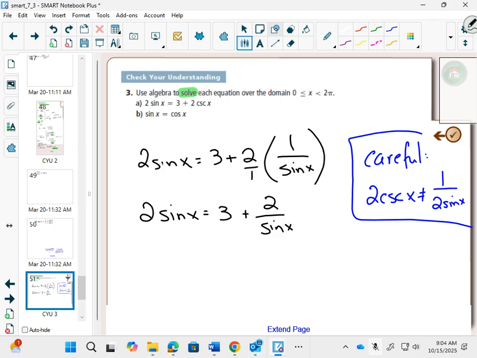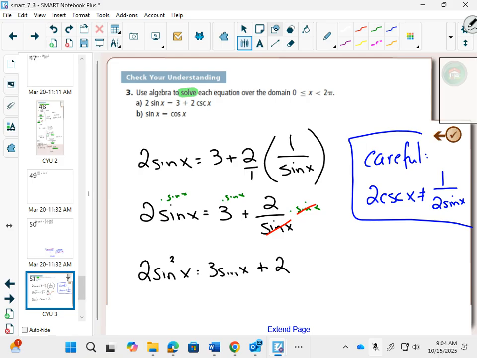Yes. So I could multiply this by sine x, this by sine x, and this by sine x. Because if I multiply one side by sine x, I need to multiply the entire other side by sine x. And what's going to happen is here, they go away, leaving me with 2 sine squared x equals 3 sine x plus 2.